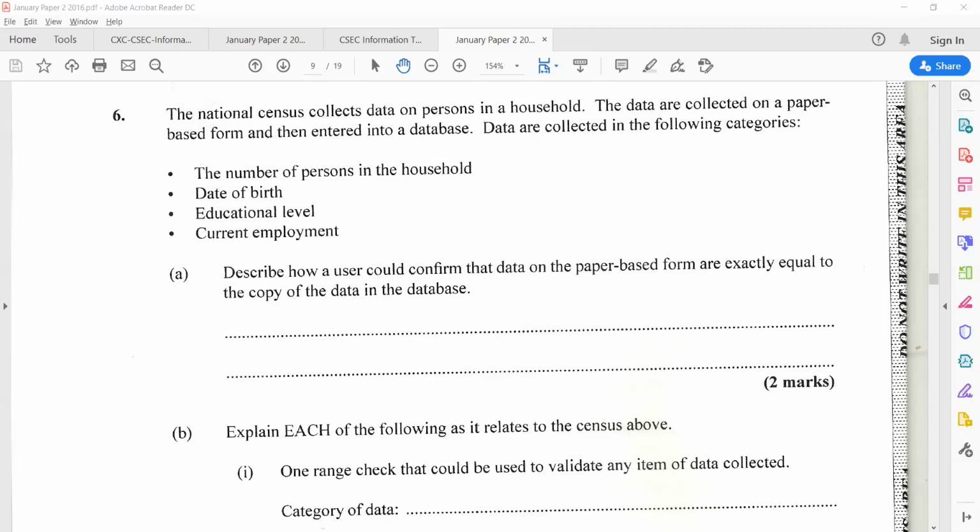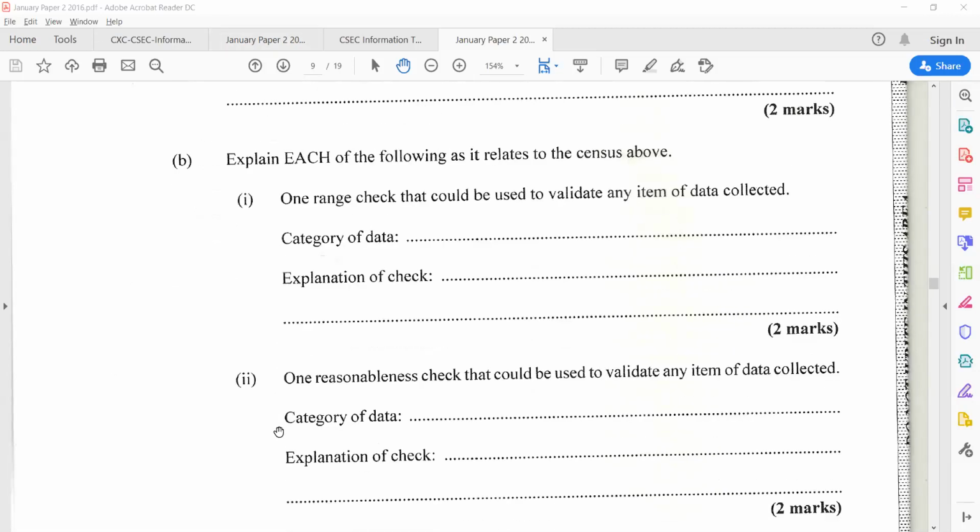After the data is entered, it's redisplayed on the screen, the user is prompted to read the data. Now, remember, there are 2 verification techniques. There's the visual check and there's the double data entry check. So you could have also said that you could use the double data entry verification technique and you have to enter the data twice. Okay, so that's the first one.